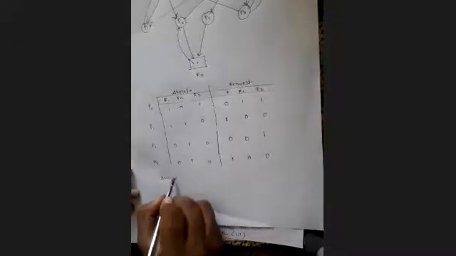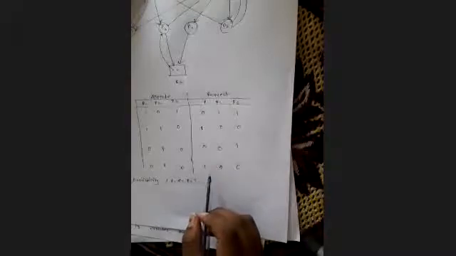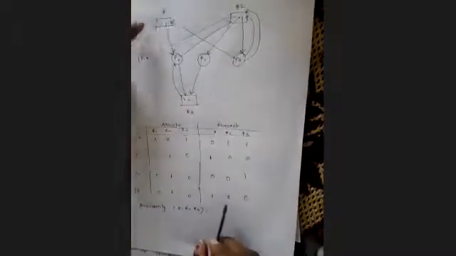Now the further step will be we have to find out the current availability of the resources r1, r2, r3. What is the current availability right now? For r1 we have two instances.